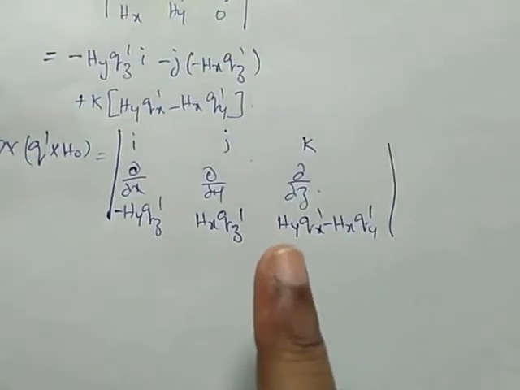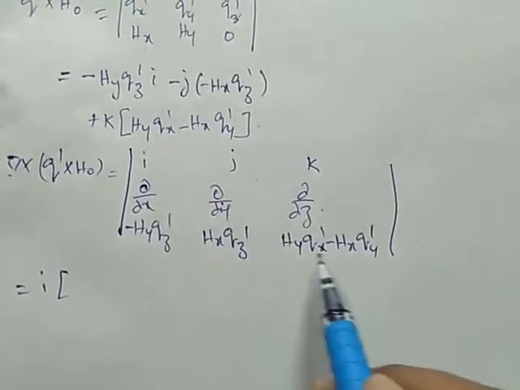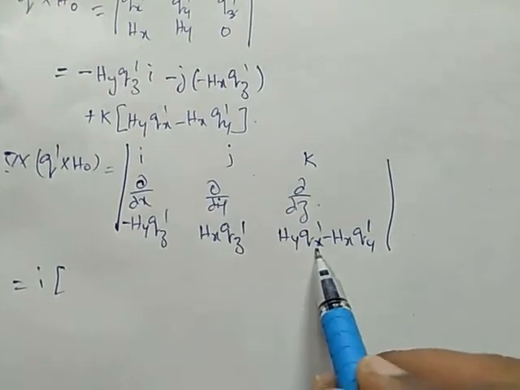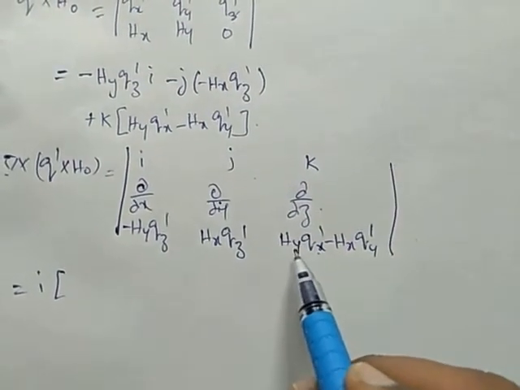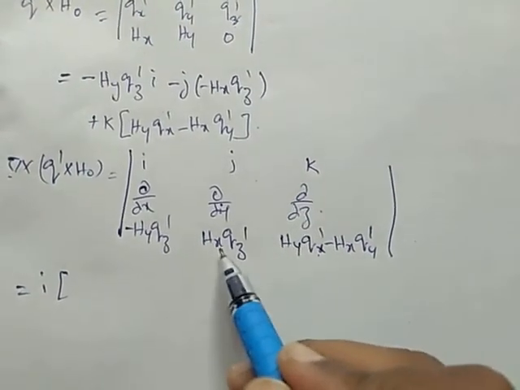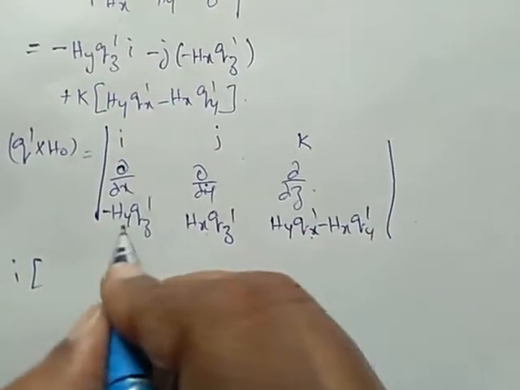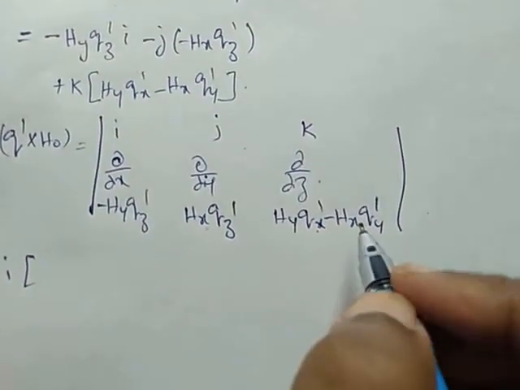So finding the determinant of this: for i, the differentiation of this with respect to y is 0 because everything is a function of x and t. Similarly, the differentiation of this with respect to z is also 0. Remember, all these terms are functions of x and t.